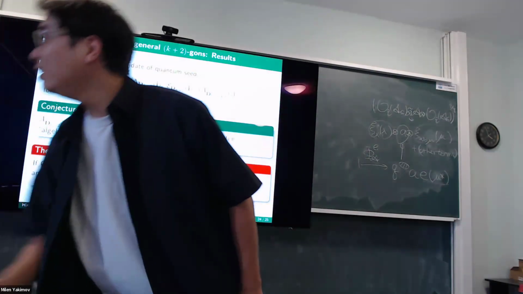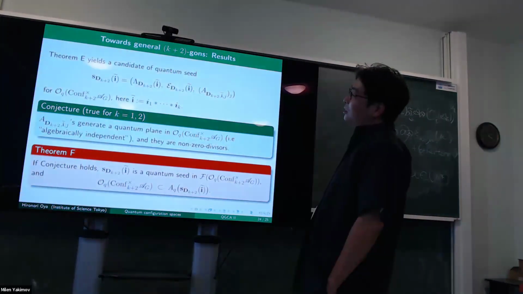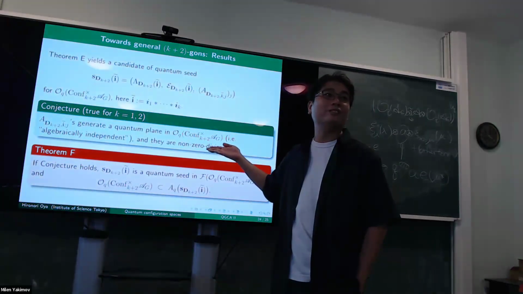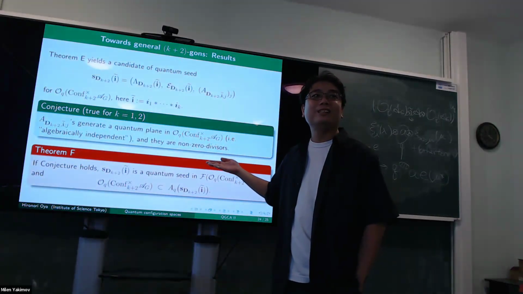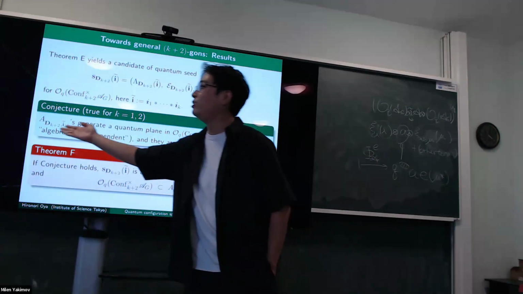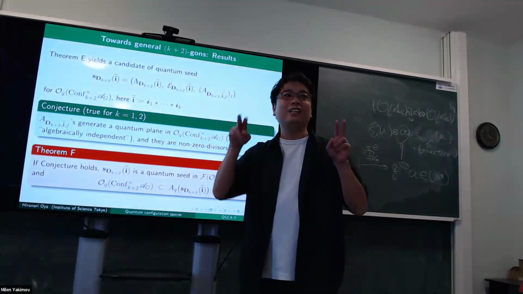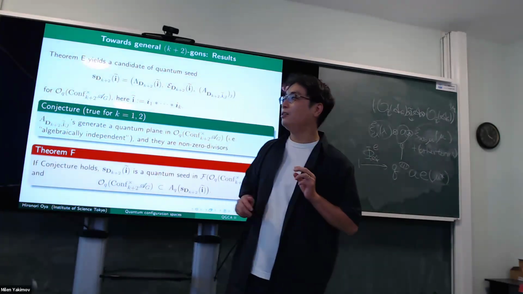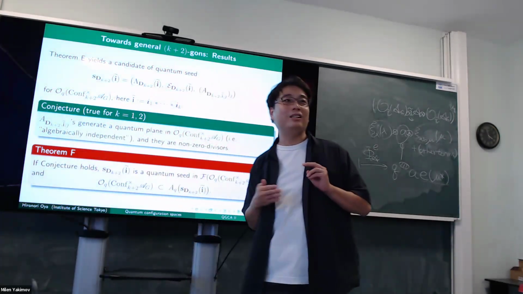But sorry. So I think this is part of the definition of the quantum seed. So the quantum cluster variables will be algebraically independent. And at the moment, I don't know the proof of this independence.